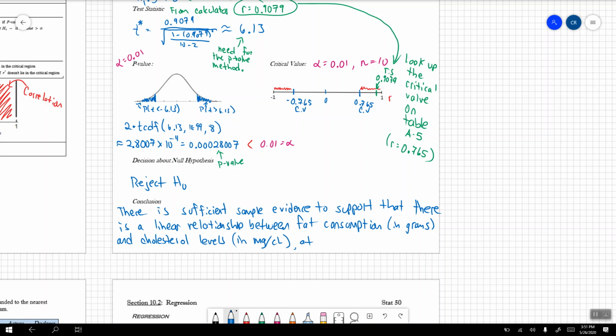And we're going to say at alpha is equal to 0.01. There we are. And that's all that we need to do.